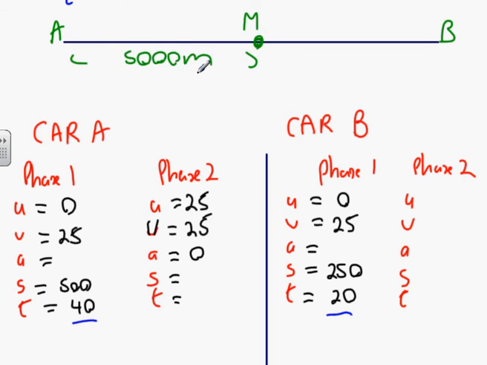Everybody cool with that? Okay. And we know that car B is delayed by t seconds, where we don't know how long it's been delayed by, okay?